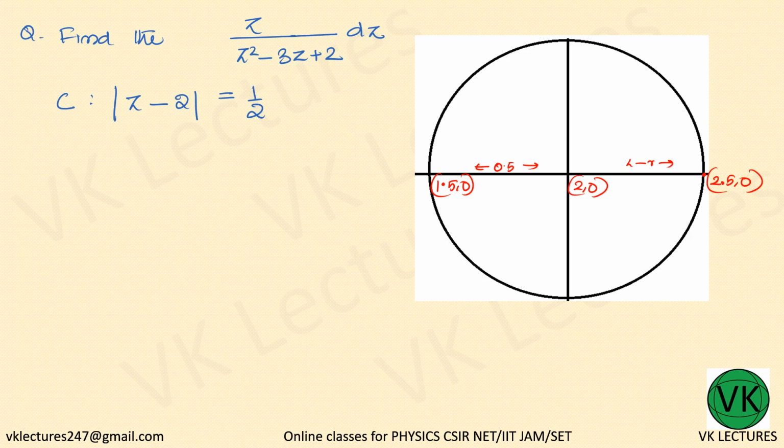So now the denominator, z square minus 3z plus 2 equal to 0, implies z minus 1 into z minus 2 equal to 0, which implies z equal to 1 and z equal to 2.